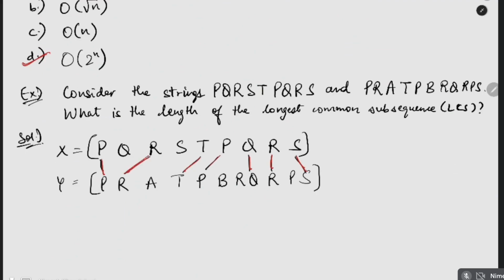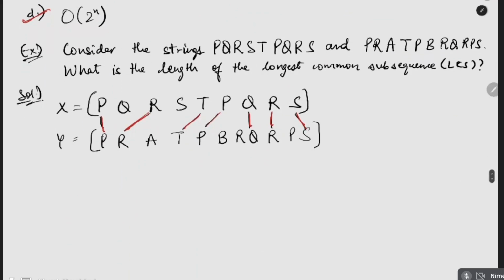How we did that is we just tried to get the optimal solution for all the subproblems of both x and y, and we kept increasing the size of x and y such that we find the longest LCS for the smallest subsets of x and y. Again, this is a brute force algorithm.